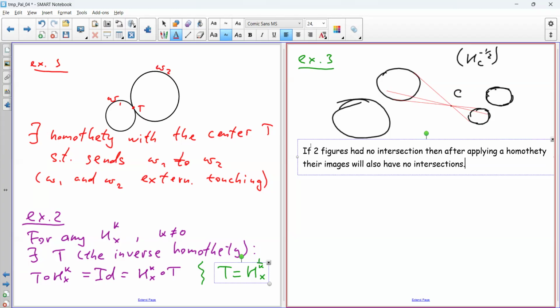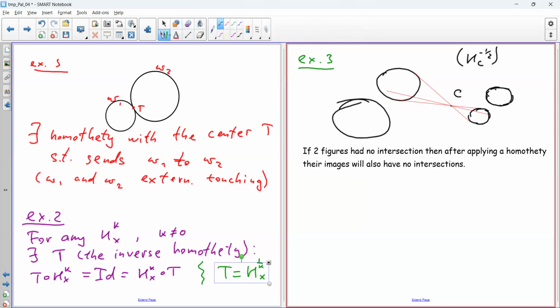This is not a very direct thing. Imagine first that they had 2 points of intersection in the beginning. Then after taking the homothety, we can track where those 2 points go. We can say that the images of these 2 points belong to the images of both figures. Like point X, for example, was part of figure 1.